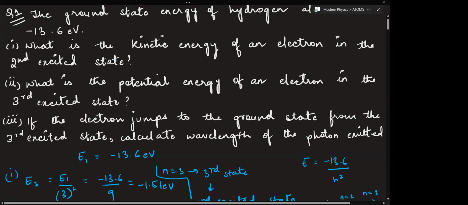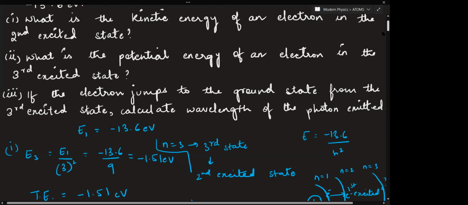When we were considering second excited state, this meant the third orbit. Now for the third excited state, the electron has been excited from the third shell to the fourth shell. So that's why we take the value of n as equal to 4.